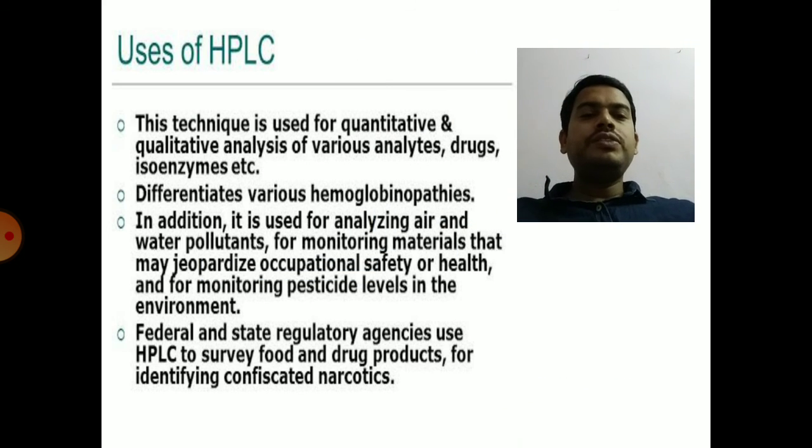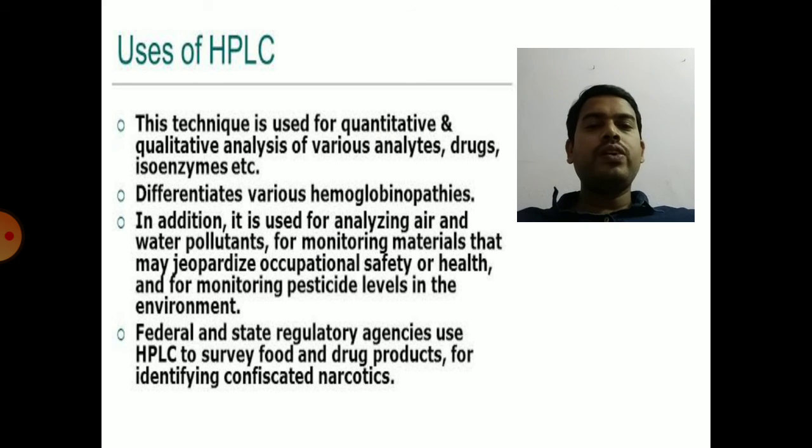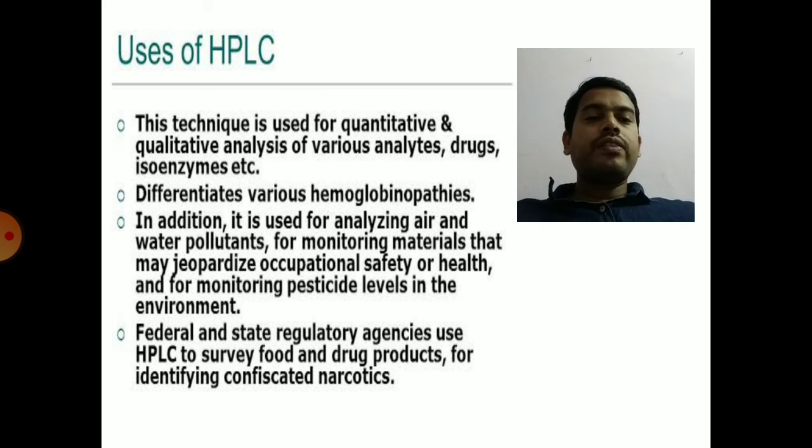These are the uses of high performance liquid chromatography. This technique is used for quantitative and qualitative analysis of various drugs and isoenzymes. Isoenzymes like lactate dehydrogenase 1, 2, 3 and isocitrate dehydrogenase 1, 2, 3.